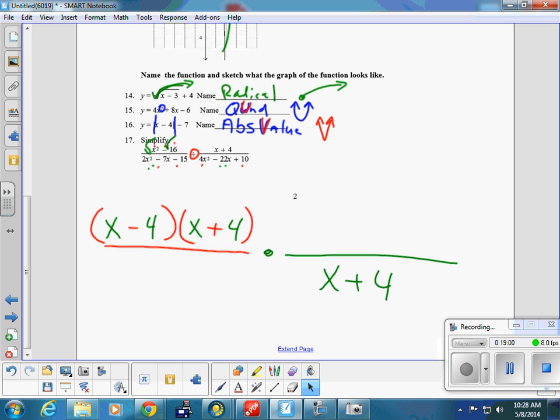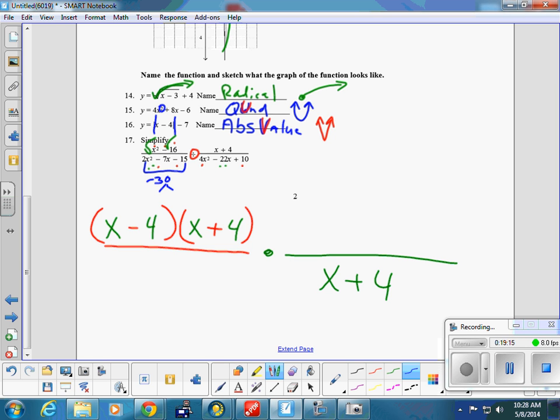Okay, so long method, 2 times 15 is 30. Factors of 30 that add up to 7. I'm sorry, negative 7. I'm sorry, also it's negative 30. You're right.